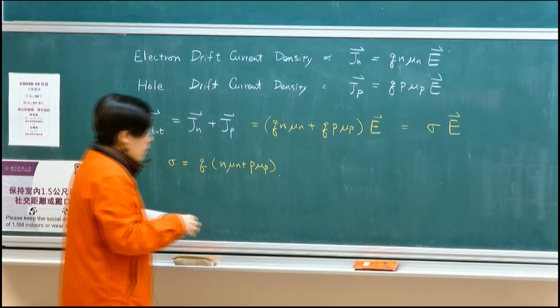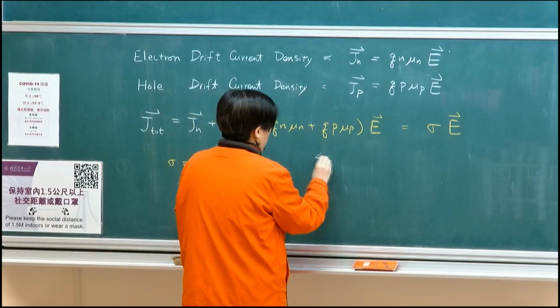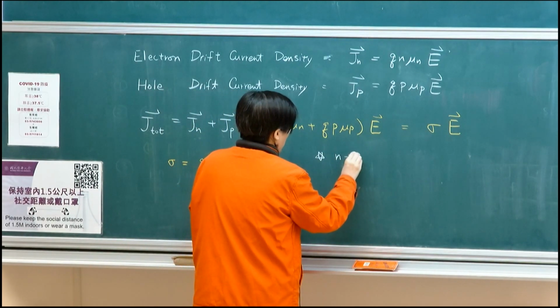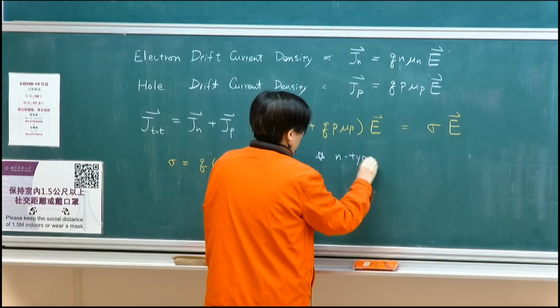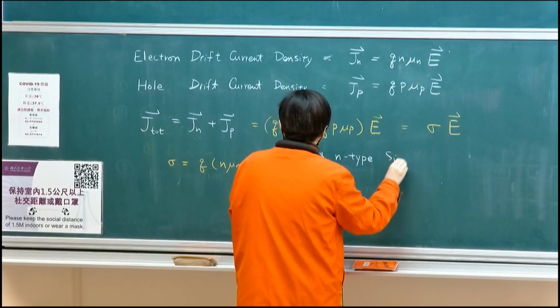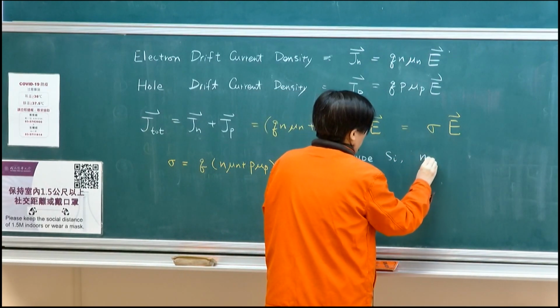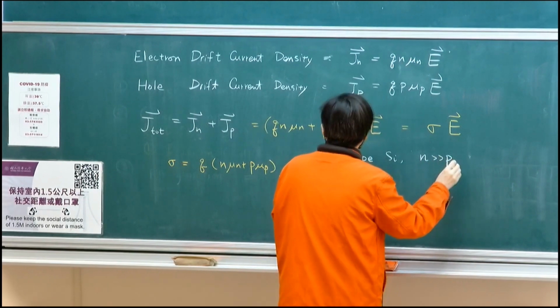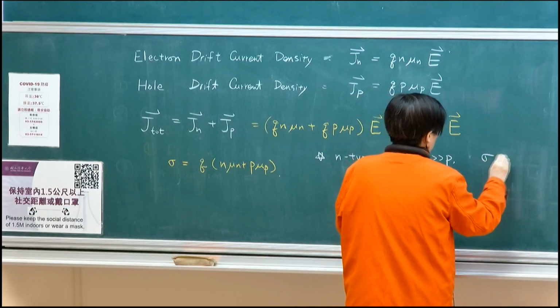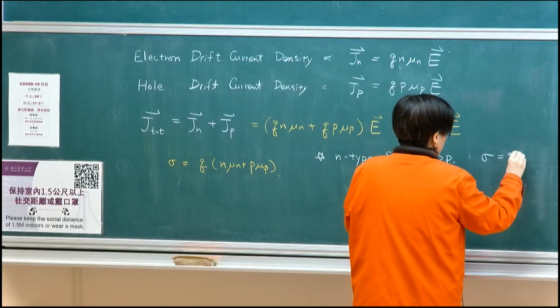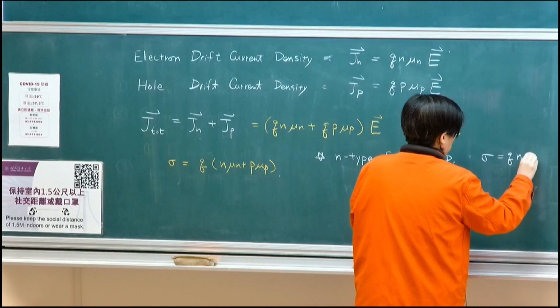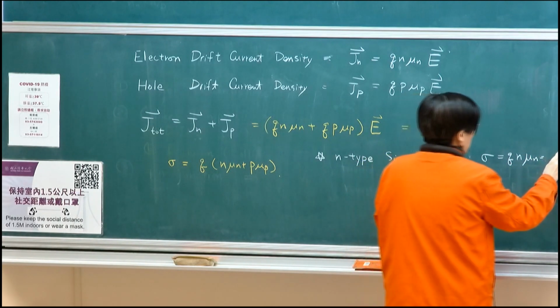So for n-type silicon, we know that n is much larger than p. So your sigma will be q n mu n.